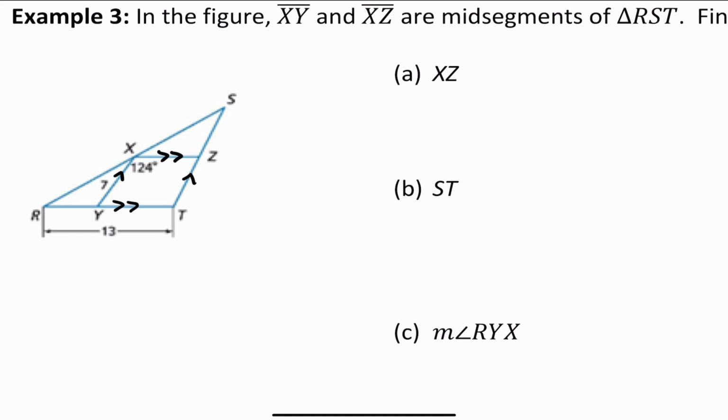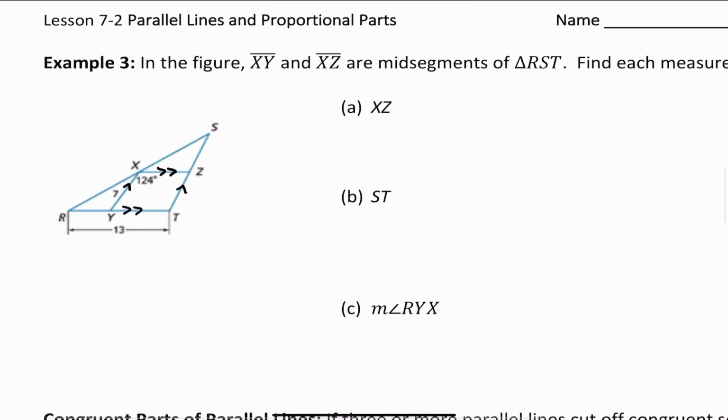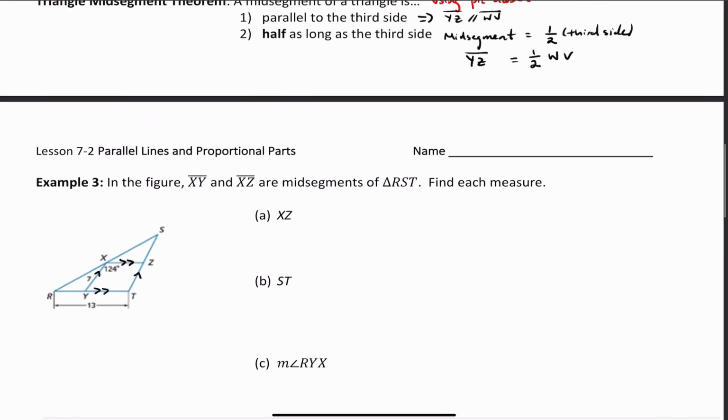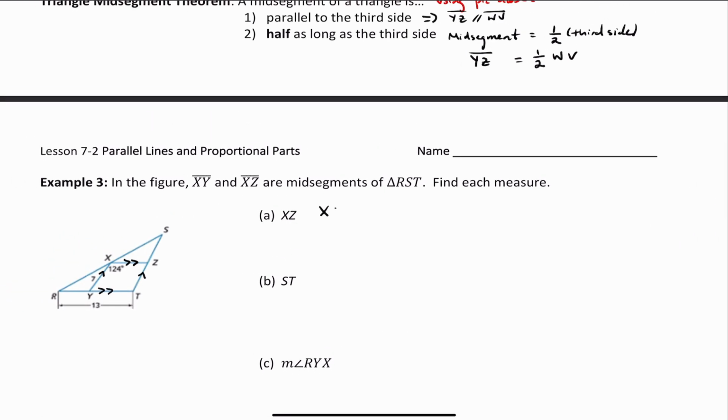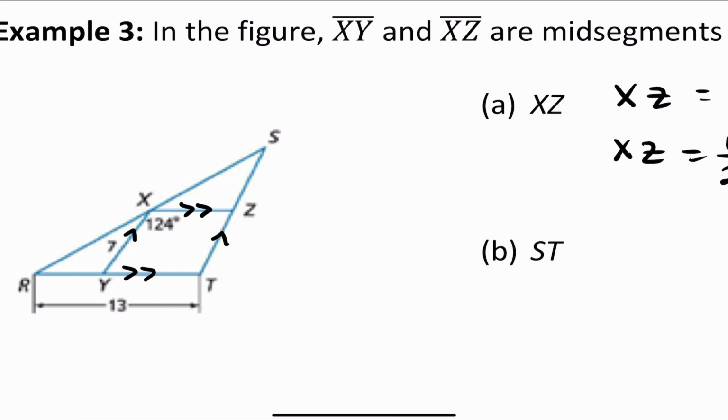Okay? So to find XZ, know that it's parallel to RT. So if XZ is equal to, oh, sorry, no. If XZ is equal to 1/2 of the third side, or RT, we know that RT, as you can see here, is 13.